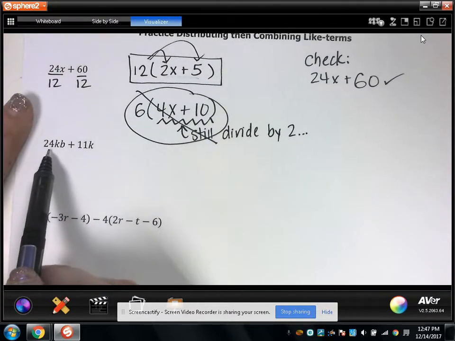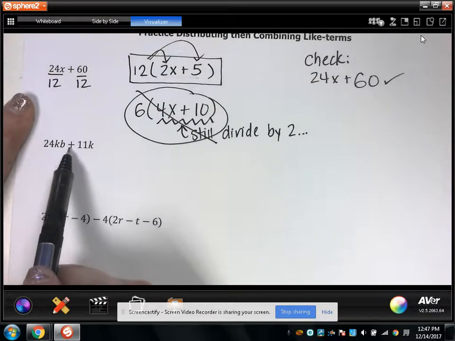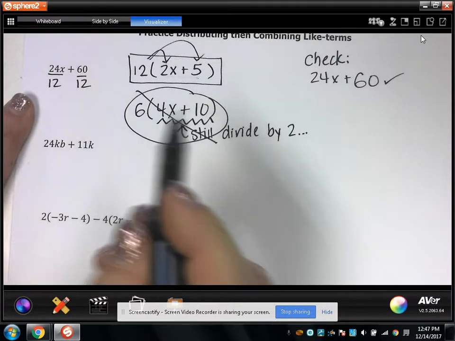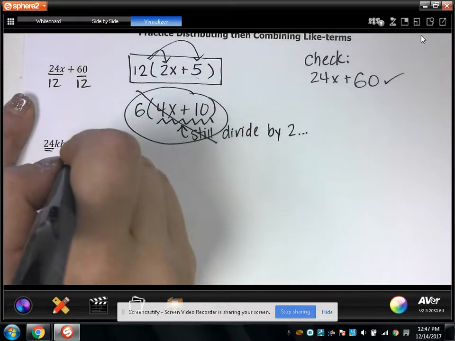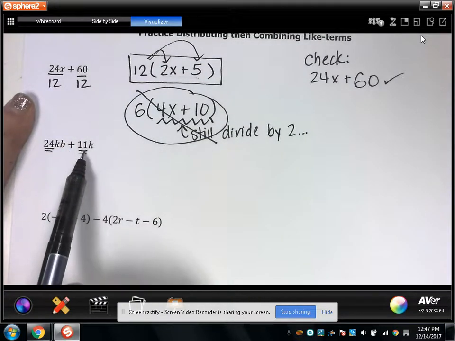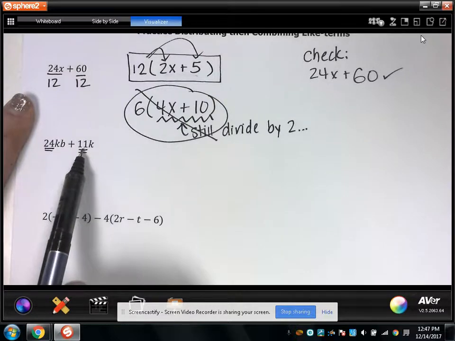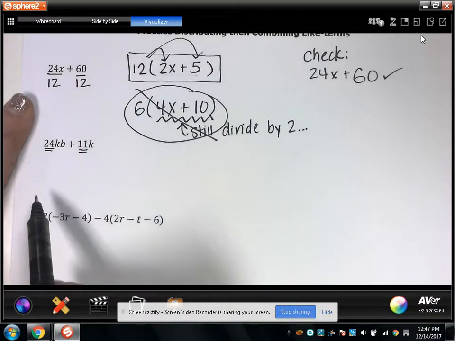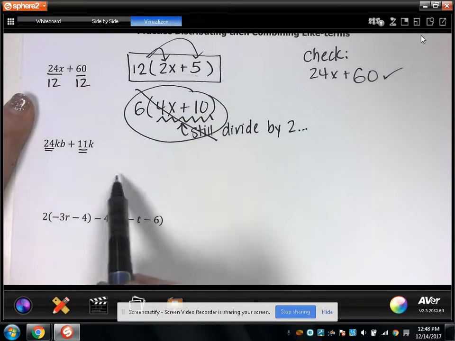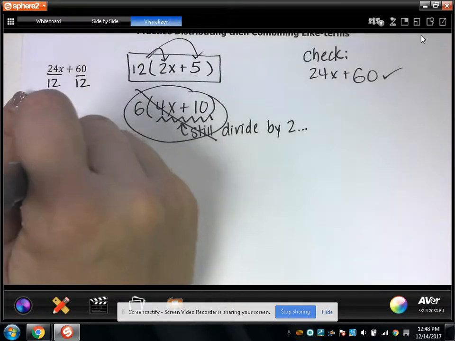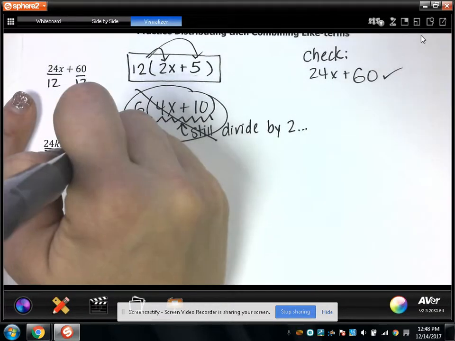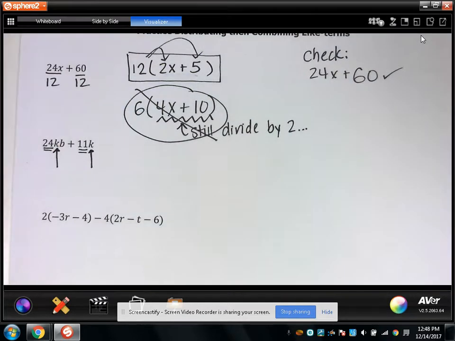So the next example is 24kb plus 11k. Now looking at the numbers, 11 is a prime number, which means the only things I can divide 11 by are itself and 1. So it's almost tempting to write that I cannot factor this. But actually, both of these terms have the letter k as a variable.